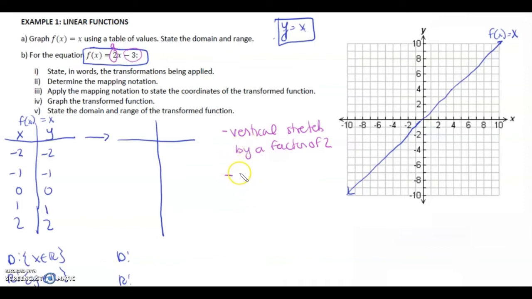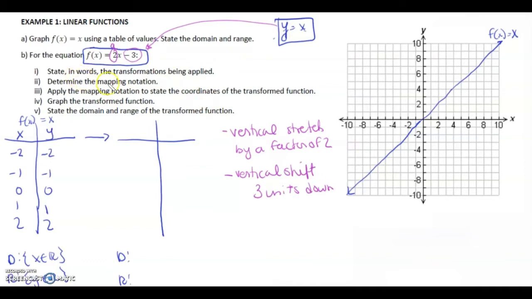So we can do a vertical shift or translation, 3 units down. So that's what's going on in 2x minus 3. When we go from x to 2x minus 3, those are the two transformations that have to be applied.